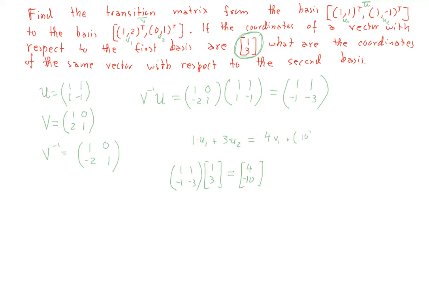That's what is going on here. So you can take the coordinates of a vector with respect to one basis and transform them into the coordinates of the same vector with respect to the other basis.